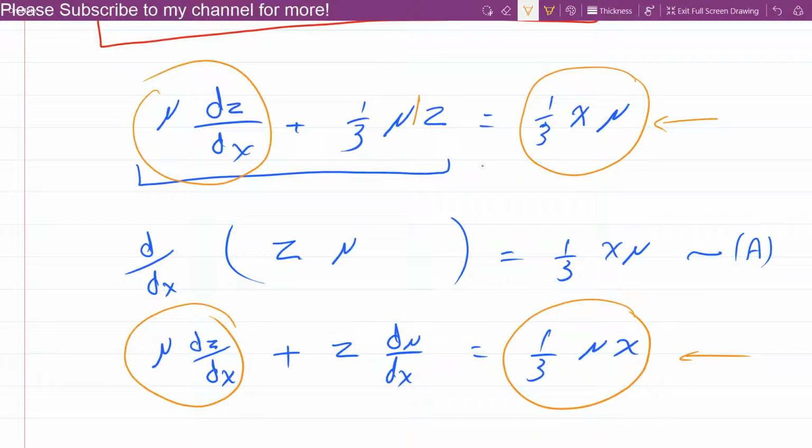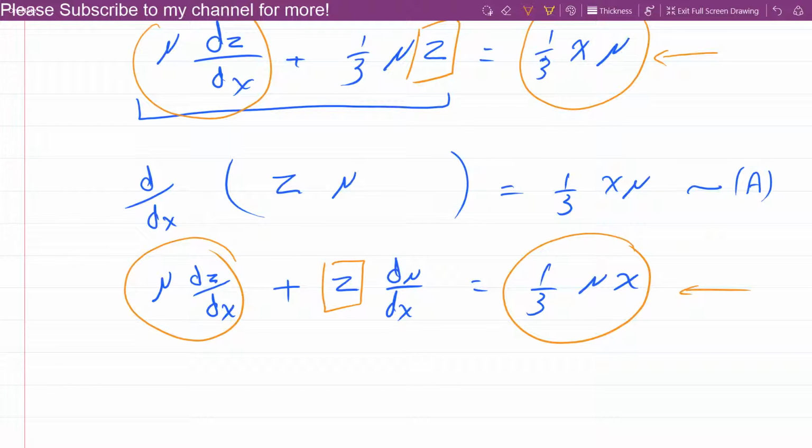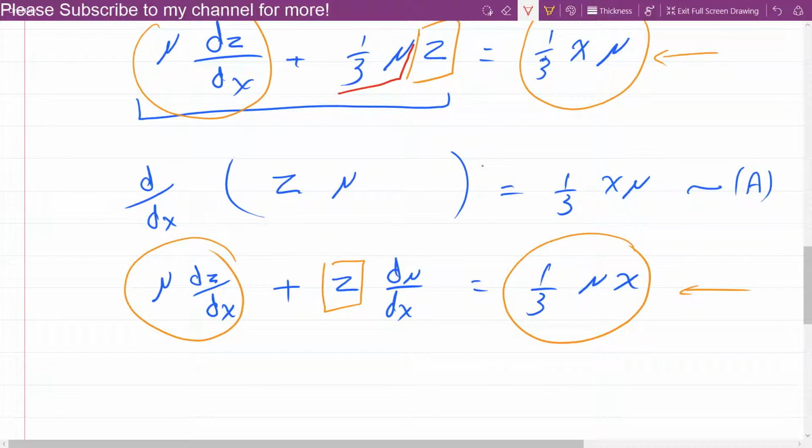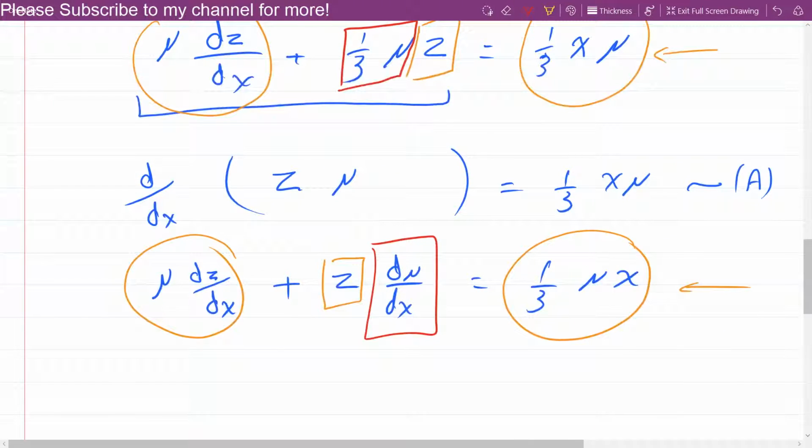In the middle term, the z is the same thing as the z, which means 1/3 mu has to equal d mu over dx, which means this term here has to equal this in the red square. And this would enable me to find the integrating factor.